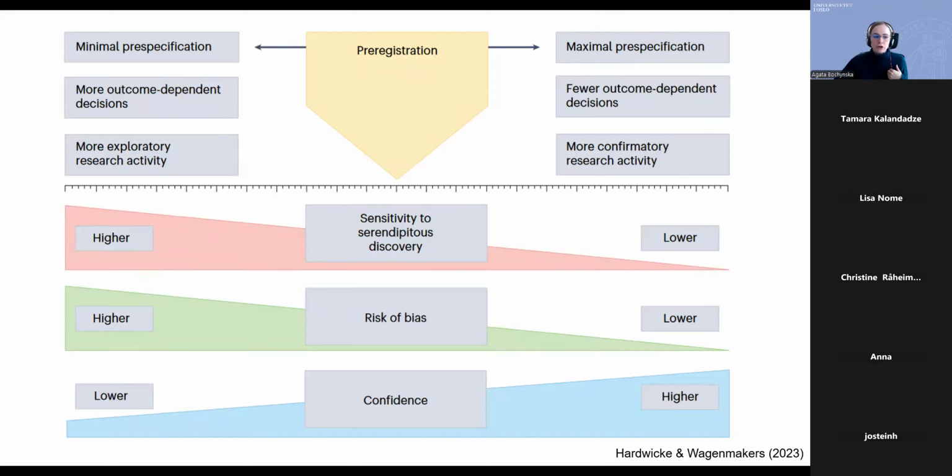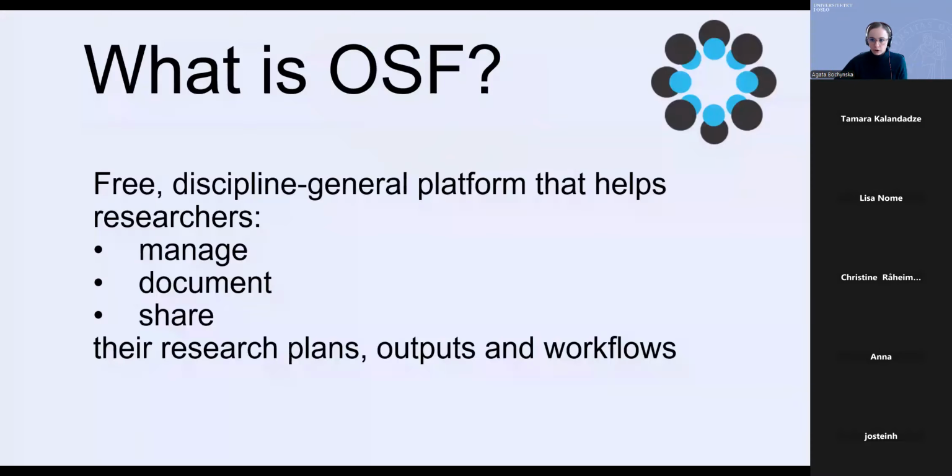And since we were talking a lot about OSF here, back and forth, before we transition to the part of the session with the Foundation DAM, I just wanted to clarify what OSF is and what it can do for you if you use OSF for pre-registering. OSF is not only for pre-registering, right? It's a general platform that allows researchers to manage, document, and share their research plans, outputs, and workflows.